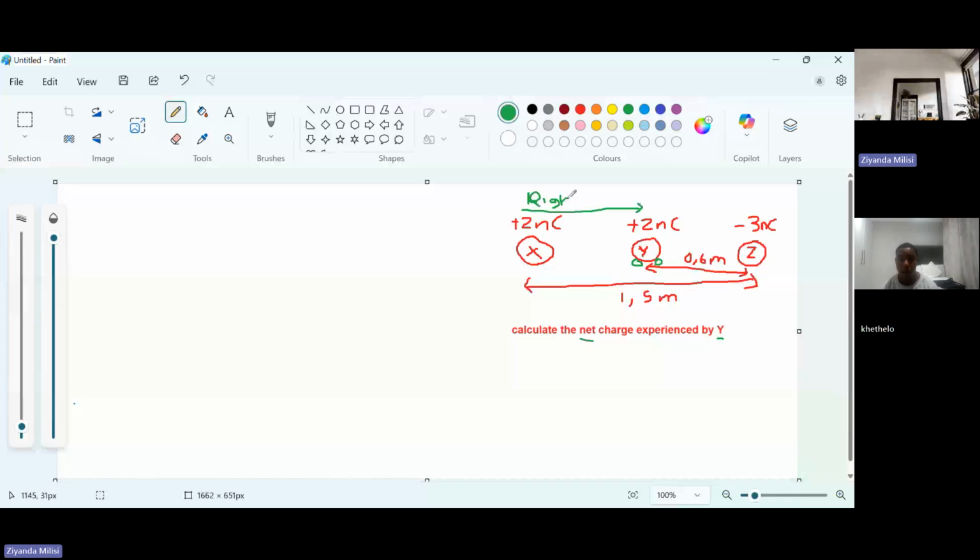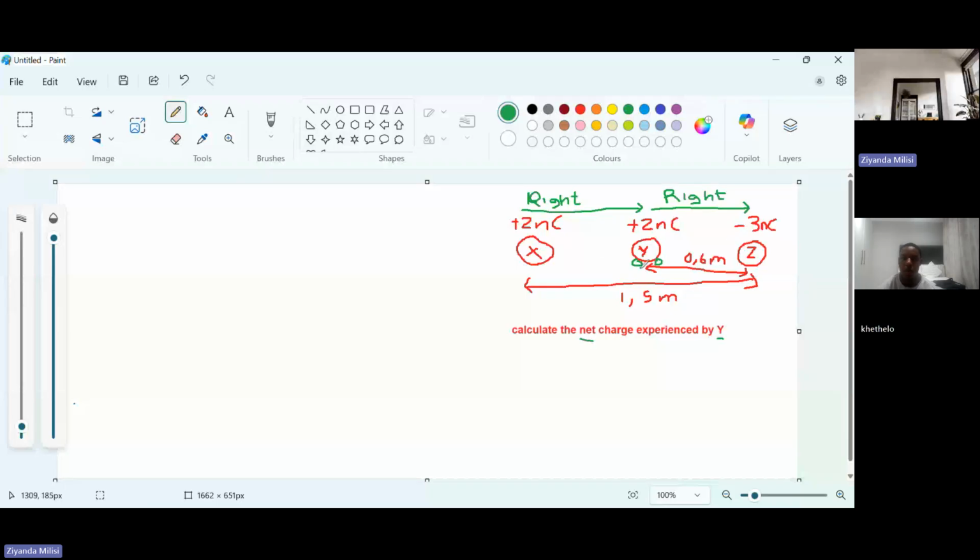Then check Z. What is Z going to do to Y? It is going to attract Y because unlike charges attract. In which direction? To the right. Perfect. Before you answer this question, these are 5, 6, or 7 mark questions, so make sure you draw a rough sketch like this.